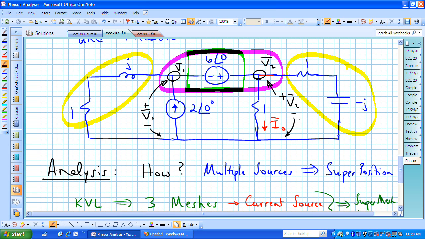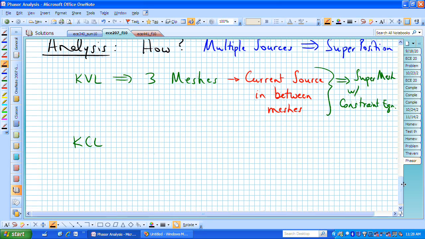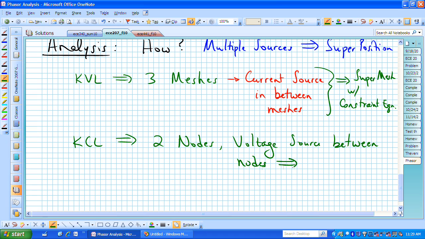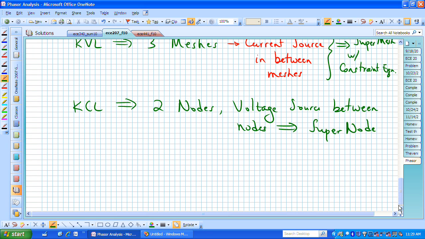Let's now look at writing KCL. In this KCL, we have two nodes. We do have a voltage source between those two nodes, and that means that we do need to worry about a supernode, but that will just give us a constraint equation, one more equation in the two unknowns, V sub 1 and V sub 2.